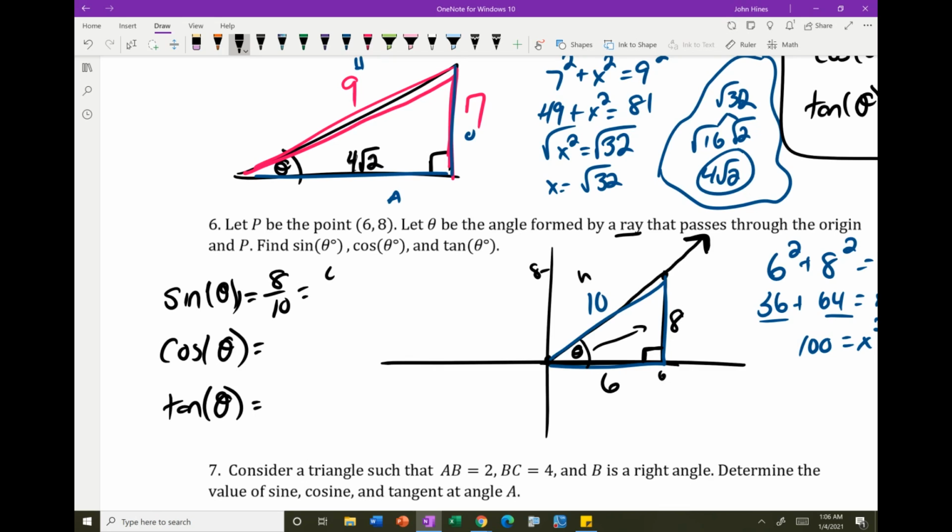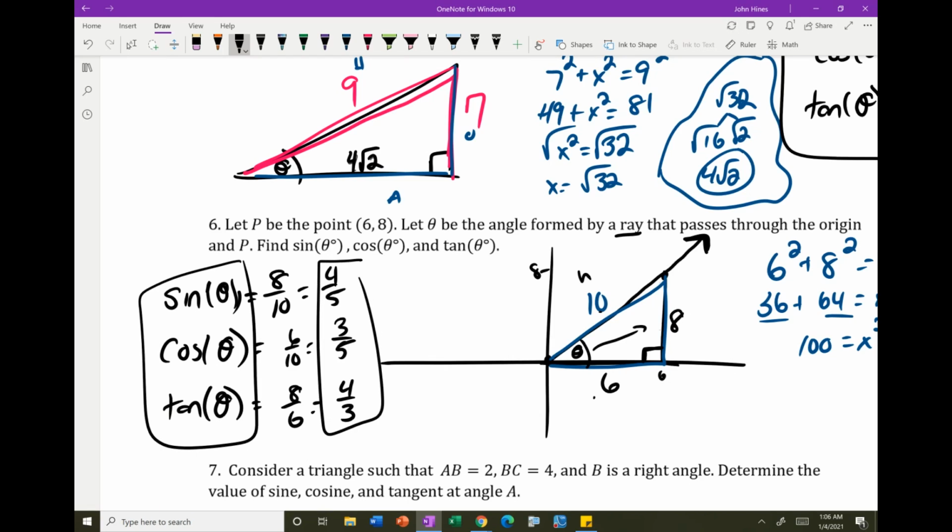Well, that's 4/5. Cosine, adjacent over hypotenuse, 6/10, which is also 3/5. And then tangent, opposite over adjacent, 8/6, which is 4/3. So these are my ratios. Those are my final answer. Draw a picture, Pythagorean Theorem, SOHCAHTOA.